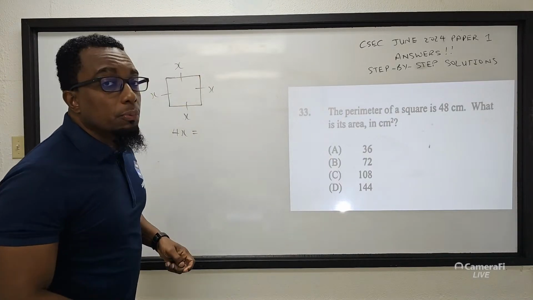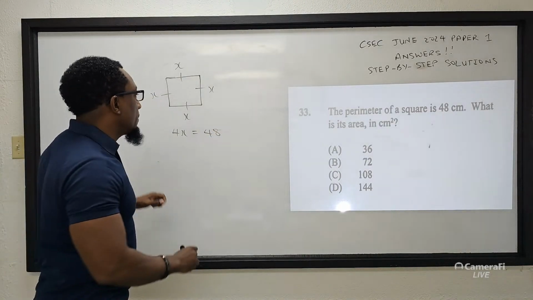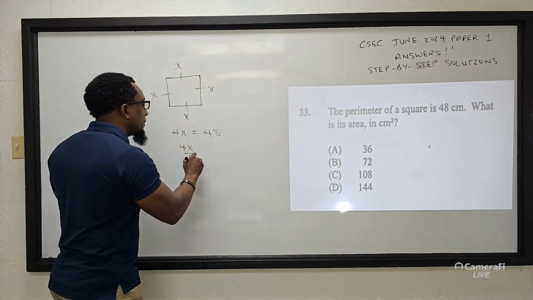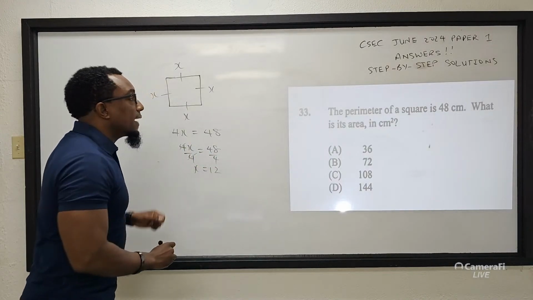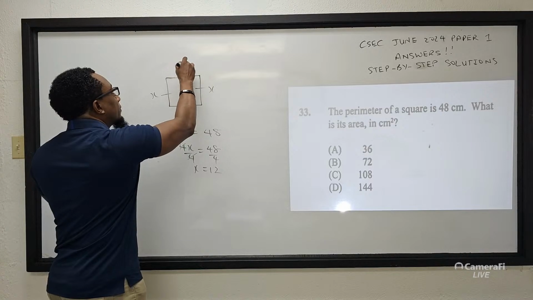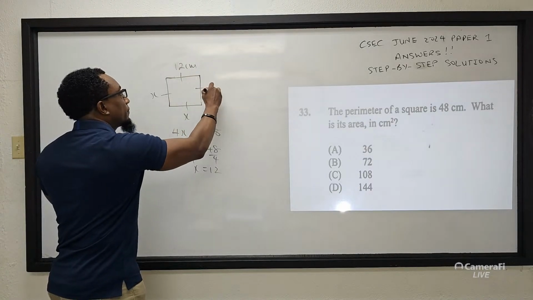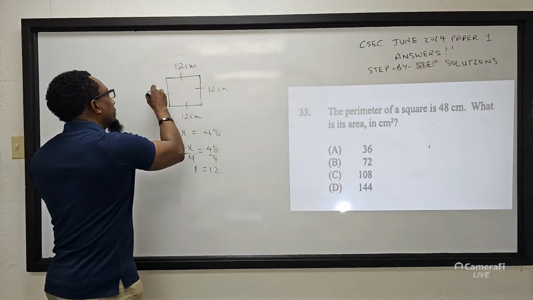And the perimeter is equal to what? 48 centimeters. So we can determine x by simply dividing both sides by 4. So the length of a side will be 12 centimeters. This is also 12, this is also 12, and that is also 12.